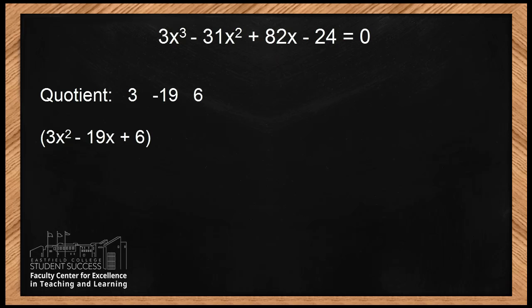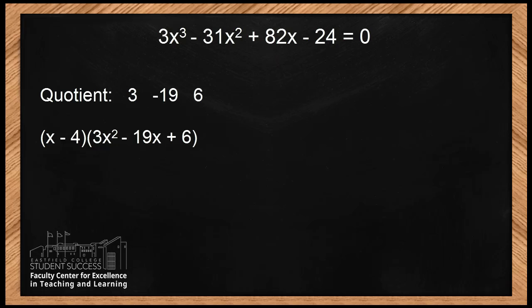But not only that, what this particular division allowed us to do is to start factoring, not fully of course, our original function, where one of the factors is that quotient. Notice how I wrote 3x squared minus 19x plus 6 in parentheses. But we also have another factor, x minus 4.